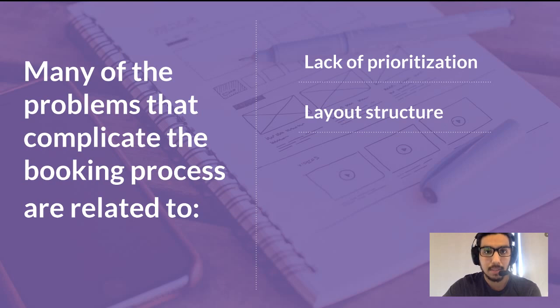Let's say from desktop. We'll have all that information cluttered in that small screen, so it won't make sense to our users. So we need a better structure, and also a better prioritization of the elements in order to come up with the right solution for them.